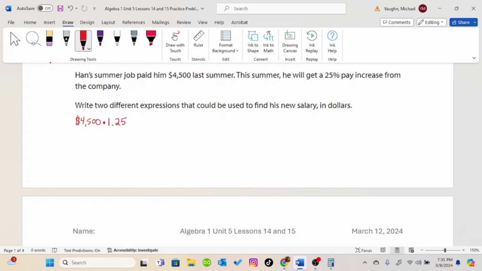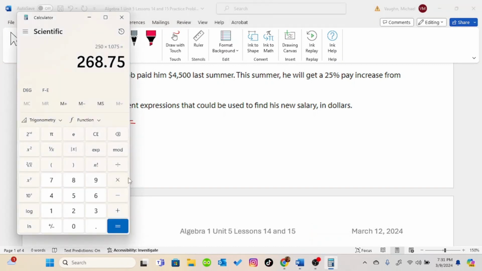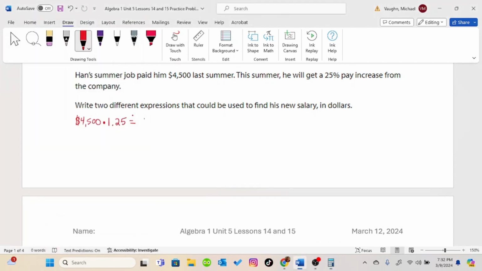The 1 would give you the original 4,500, and the 0.25 would give you the additional amount. $4,500 times 1.25 equals $5,625.